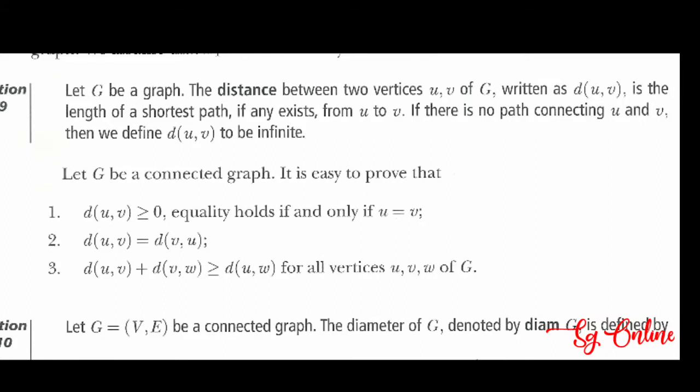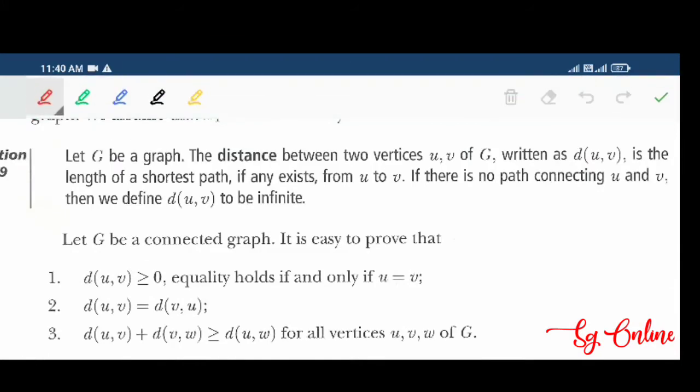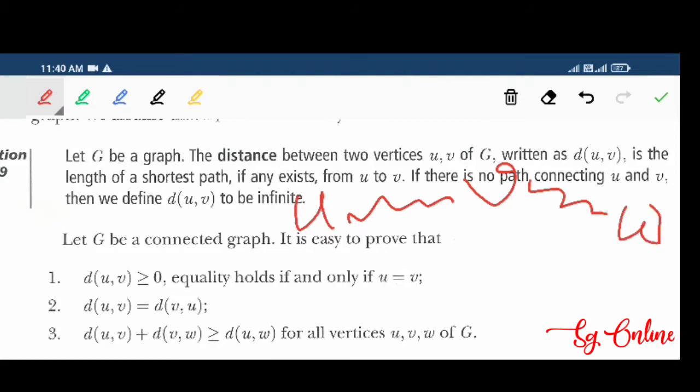And the triangle inequality is also obvious, because when you are traversing from u to v and then v to w, that must be greater than or equal to the shortest path from u to w. I am again explaining with a diagram. Suppose this vertex is u, and from u you go to v, and from v you go to w, and there might be another path directly from u to w.